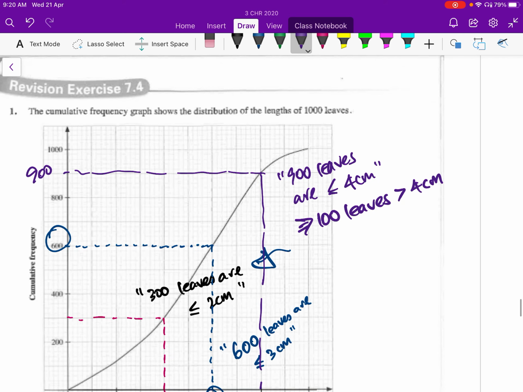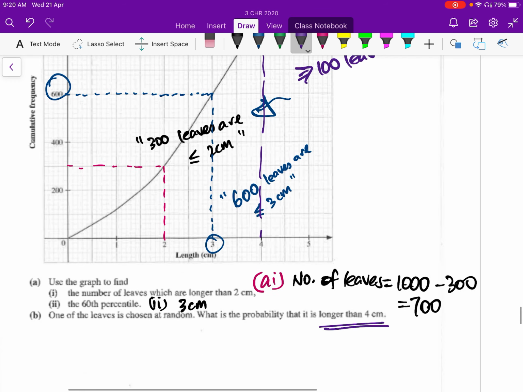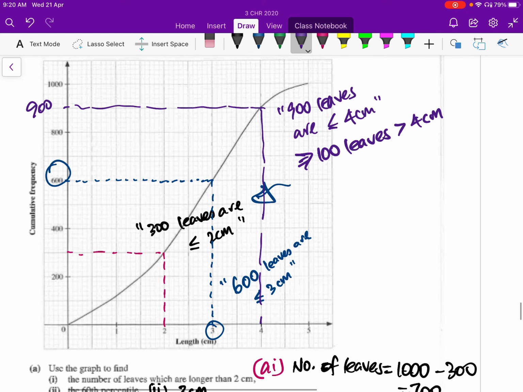Then what's the probability of choosing one of these 100 leaves? So 1000 leaves, 100 of them are more than 4 cm. So the probability more than 4 cm is 100 out of 1000, which is 1 over 10, yes.